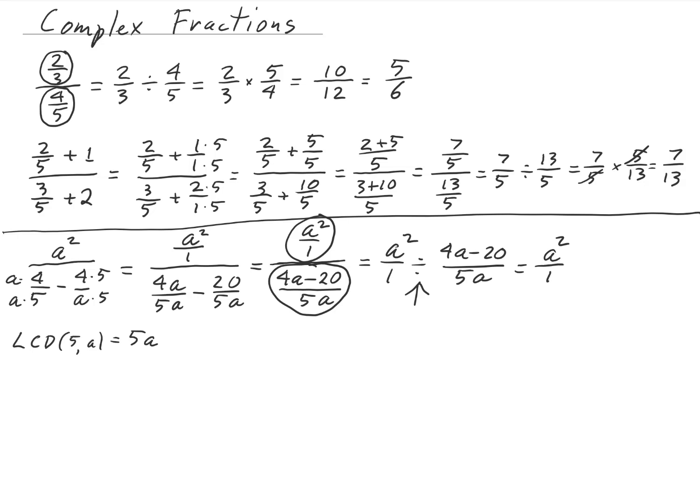So we keep the first fraction, change the division into multiplication, and take the reciprocal of the second fraction, which makes that 5a over 4a minus 20.